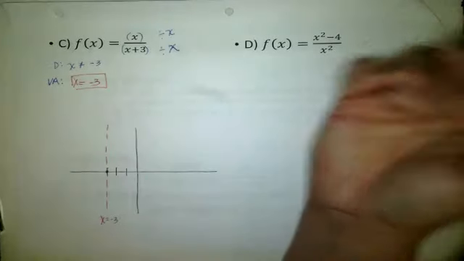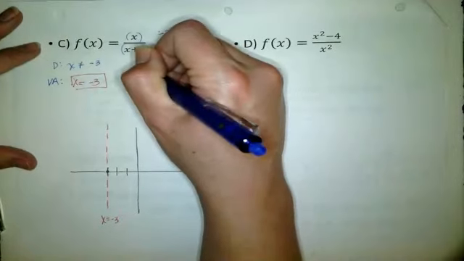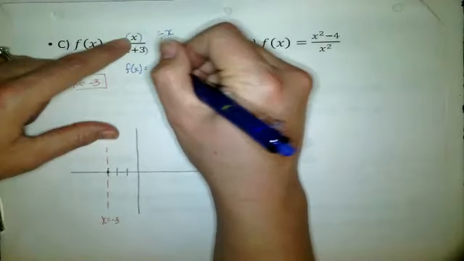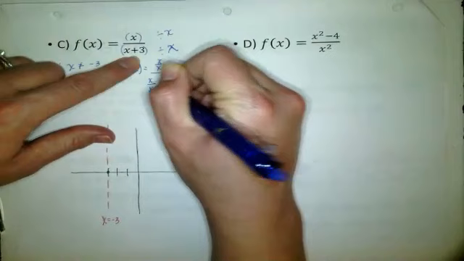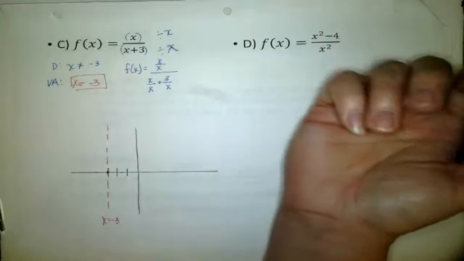That's going to rewrite my equation a little bit. So I have x divided by x, and here we're going to have x divided by x plus 3 divided by x. Now the rule is you have to divide everything by x.